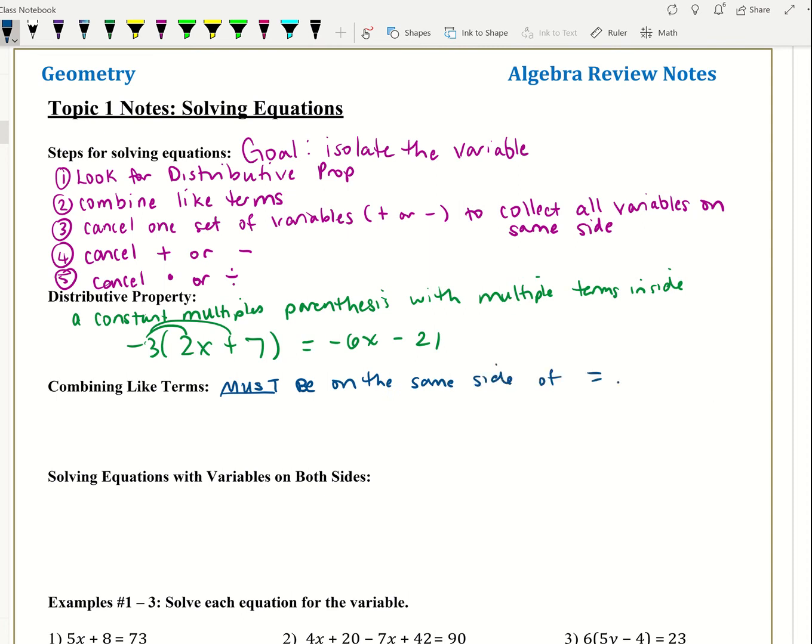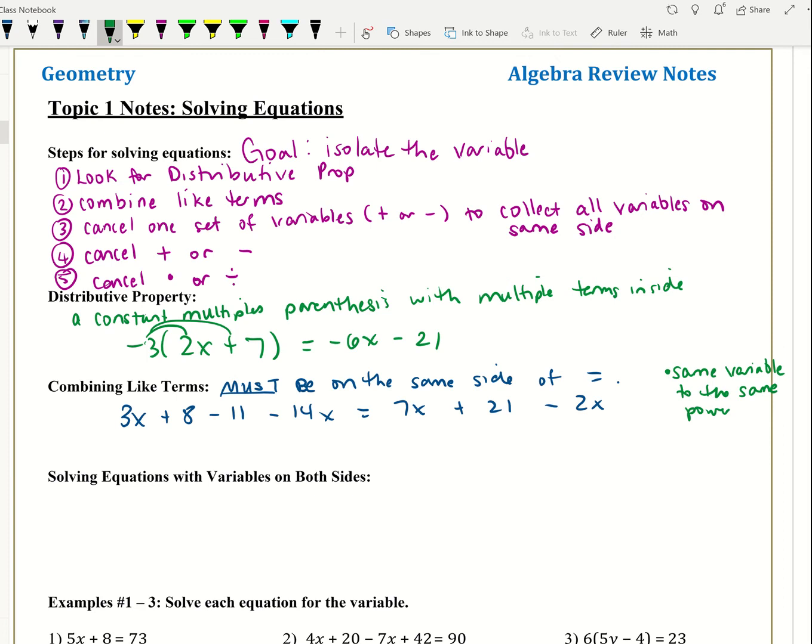So you might have something like this: 3x plus 8 minus 11 minus 14x is equal to 7x plus 21 minus 2x. You can only combine like terms if they're on the same side. Like terms are terms that have the same variable to the same power.